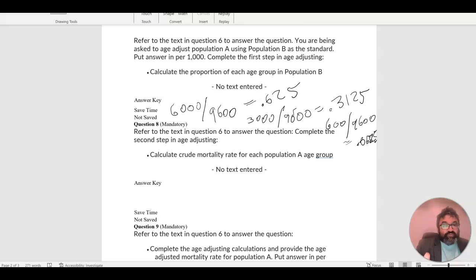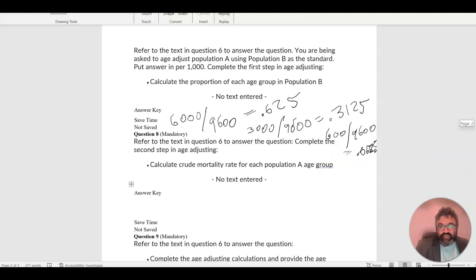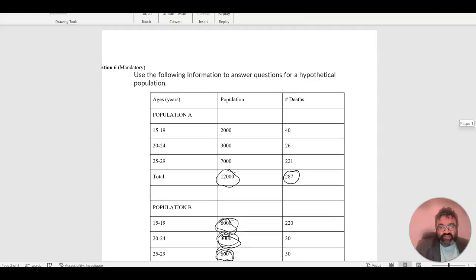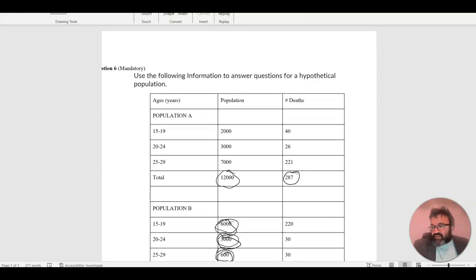Now we're still not done. What we now need to do is calculate the crude mortality rate for each population A age group. Let's take a look at population A and see individually what each age group is showing. For 15 through 19, 40 divided by 2,000 is the mortality rate.